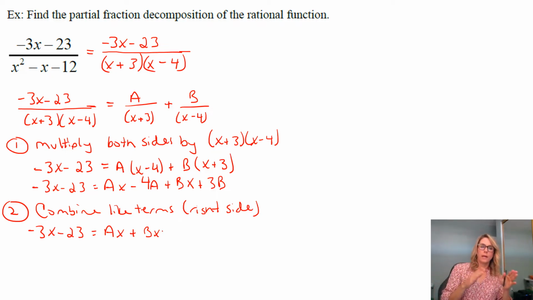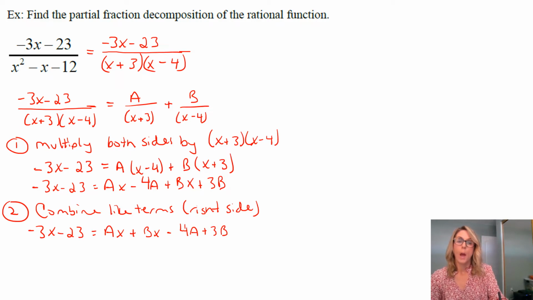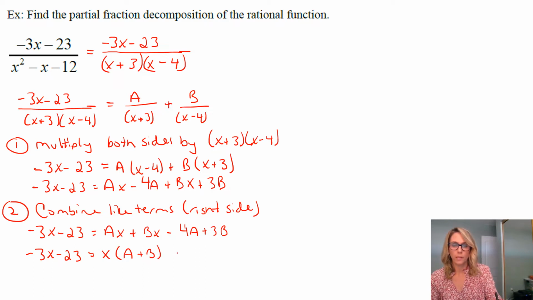So the things that are similar are going to be the values that have the variable, and then the values that are the constant. So minus 4a plus 3b, like this. Now, notice one thing we can also do, which will help us, if I factor out an x, I have a plus b. There isn't anything I can do over here, the minus 4a plus 3b, so I'm not going to worry about that. I'll just rewrite that.